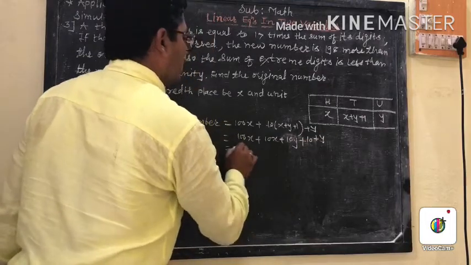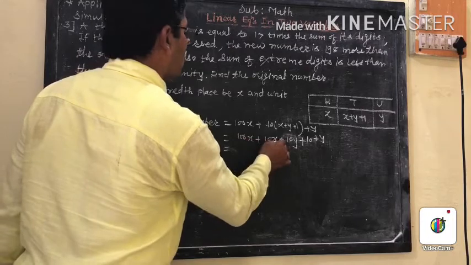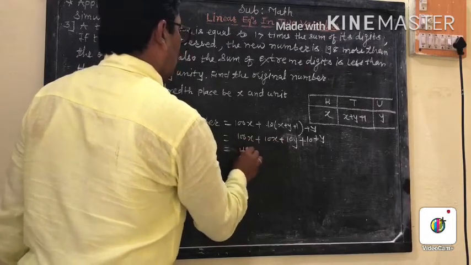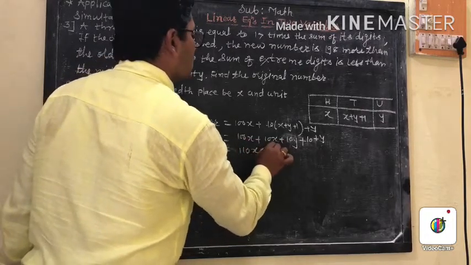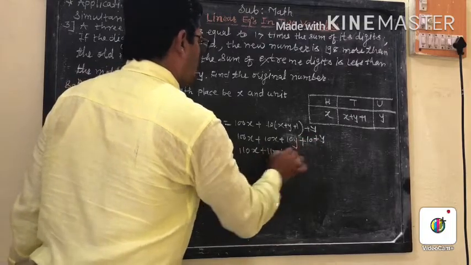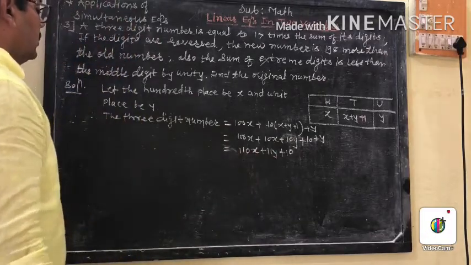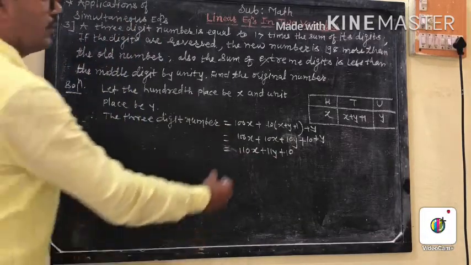Now you get the number: 100x plus 10x is 110x, plus 10y plus y is 11y, plus 10. This is the value of the original 3-digit number.